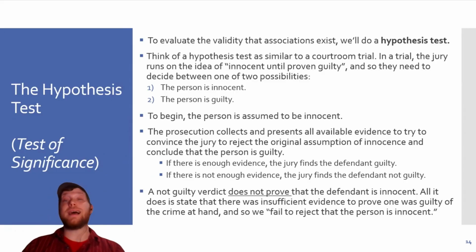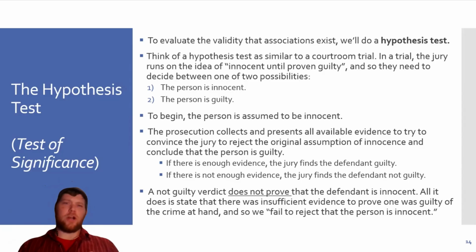The prosecution will collect and present all available evidence to try to convince the jury to reject the original assumption, innocence, and conclude the person is guilty. If there's enough evidence, the jury finds the defendant guilty. If there isn't enough evidence, the jury will find the defendant not guilty. A not guilty verdict does not prove someone is innocent.